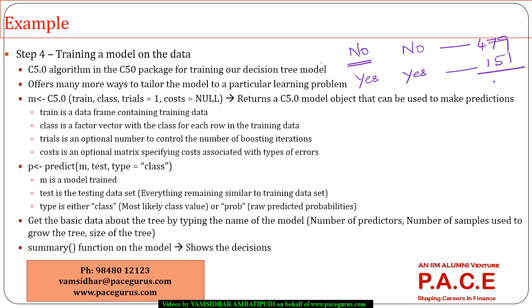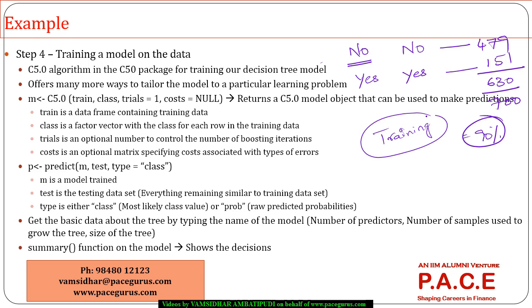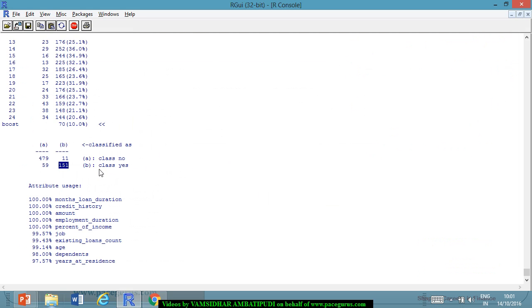So overall I could see that 630 out of 700 are correctly classified, which is a 90% accuracy. Remember, this is from the training data, not from the testing data. Similarly, your model has predicted 11 of them will not default, but they have actually defaulted. 59 of them will default, but in reality they did not default.